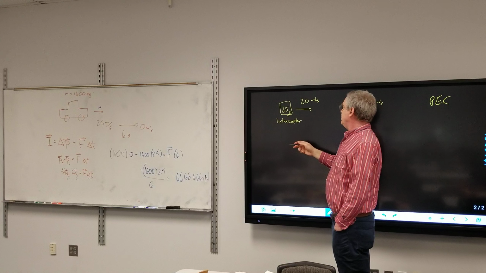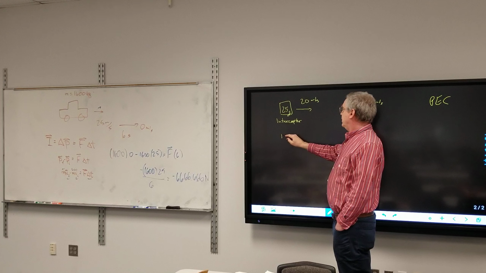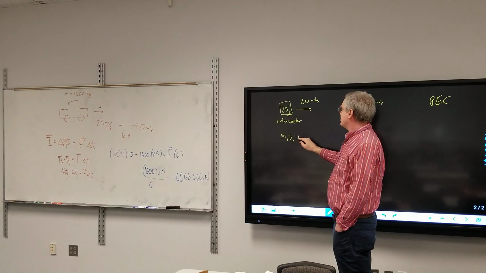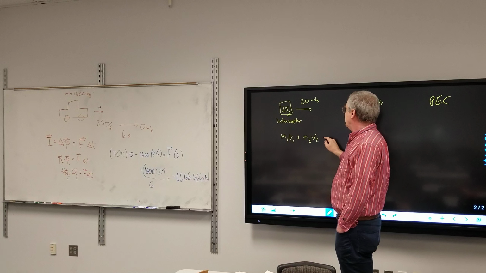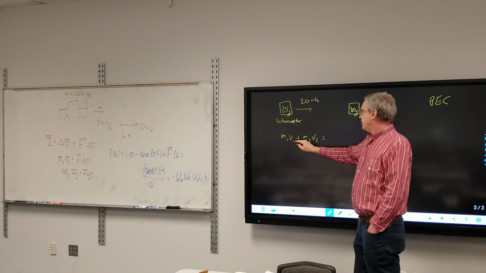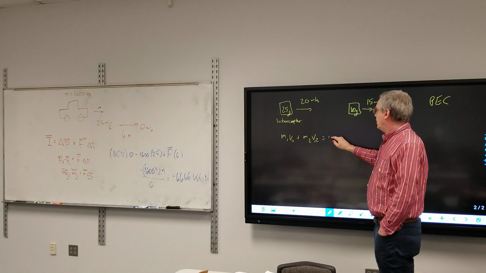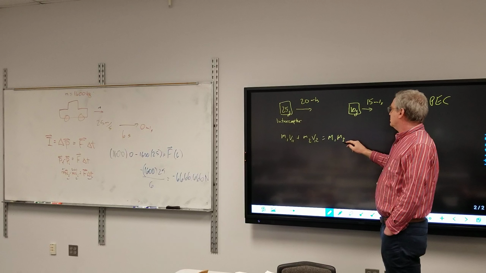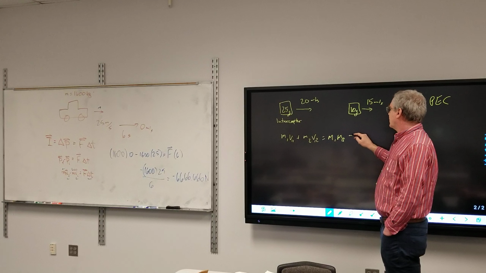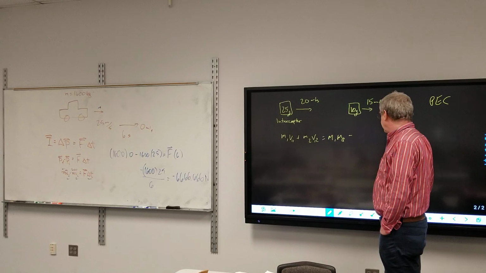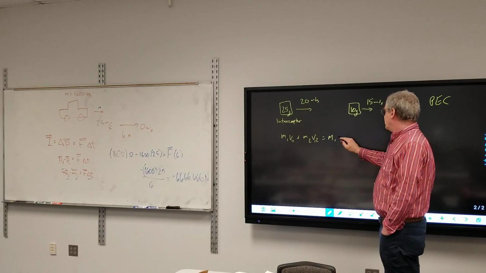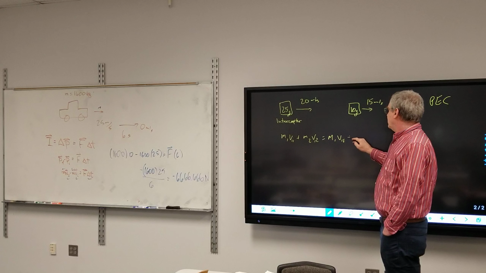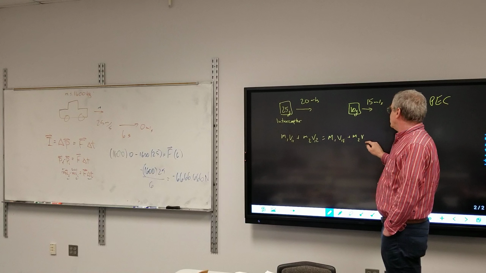So I got my momentum here. I know M1 V1 plus M2 V2 initial equals M1 V1 final plus M2 V2 final. It really helps if I use the correct letters.